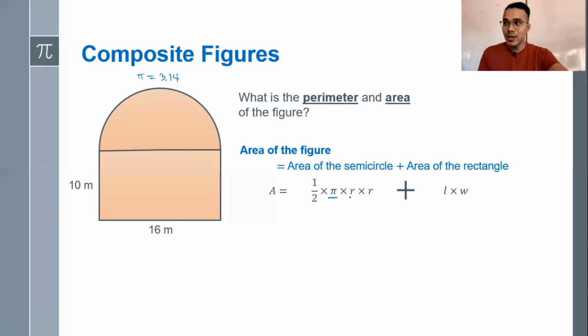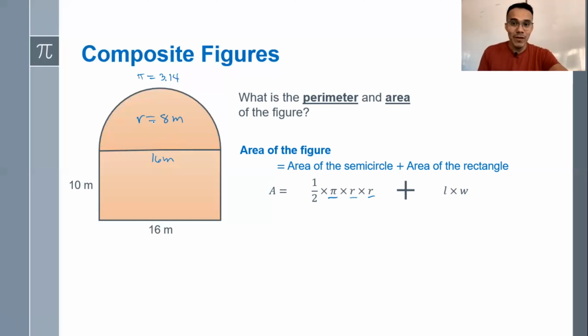There's another variable or letter, r, the radius. What is the radius in the figure? If this is 16, then this is also 16 meters, which serves as the diameter of this semicircle, which implies that the radius is half of 16, which is 8.